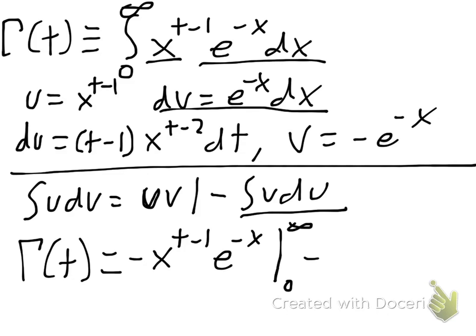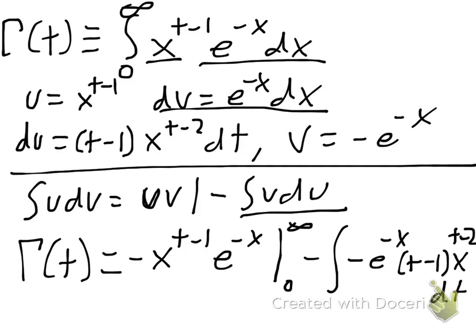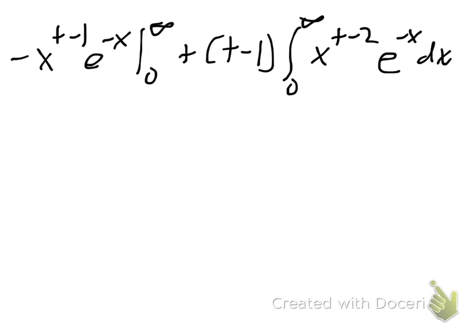So we plug in v, minus e to the minus x, and then du, which is t minus 1 times x to the t minus 2 dt. Alright, so let's solve this. All I'm going to do is have these two minus signs cancel each other out and bring out the t minus 1, and this is our gamma function here.